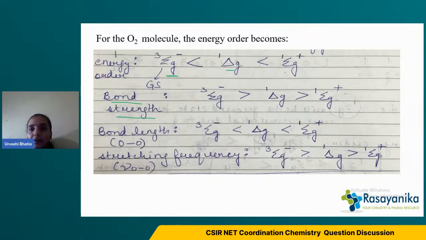As in, this has the highest energy, so this will be the weakest bond, having the longest length, right? Then followed by this one and the last one here. And stretching frequency has the order of bond strength, right? The stretching frequency of this term will be highest, then this, and then this one, right? Okay.